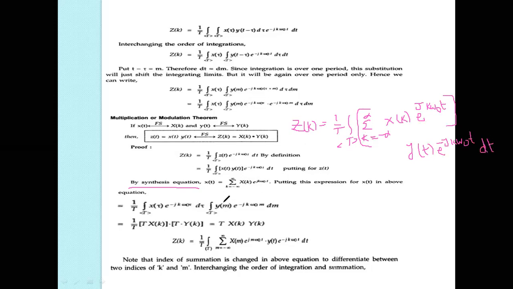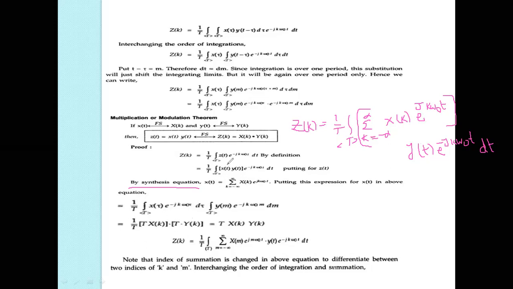Here they replace the m, y of m e power minus j k omega naught m dm, with 1 by T, the integral over T, and the summation of x of k e power j k omega naught t, modified with k as the m value. Then it becomes 1 by T, T into x of k and T into y of k.